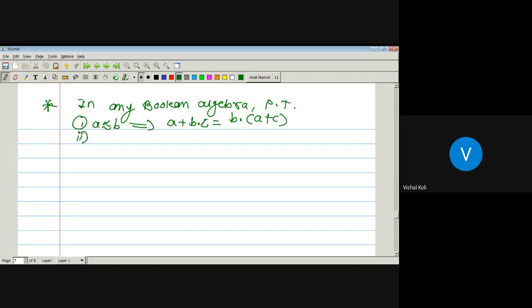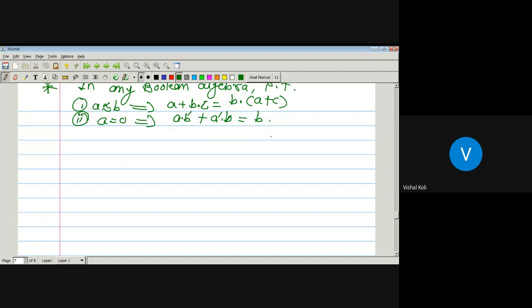And second, if A equal to 0, then A meet B dash, that is complement of B, join A dash meet B, is B only.